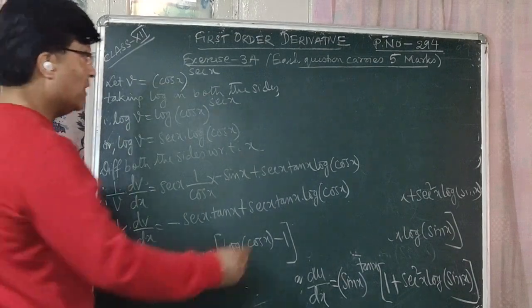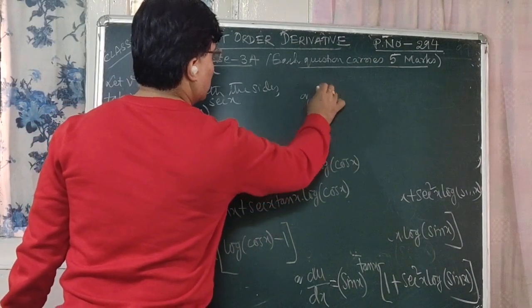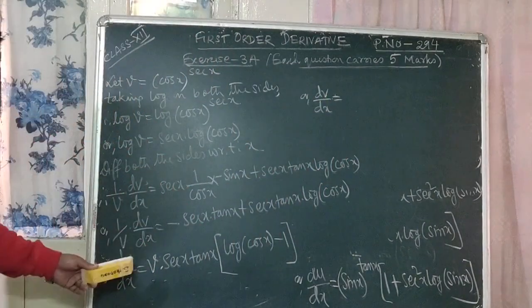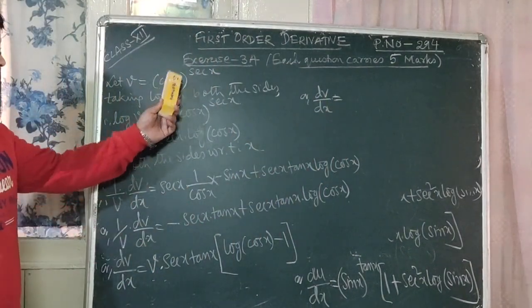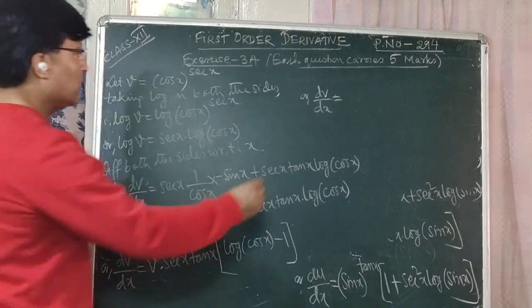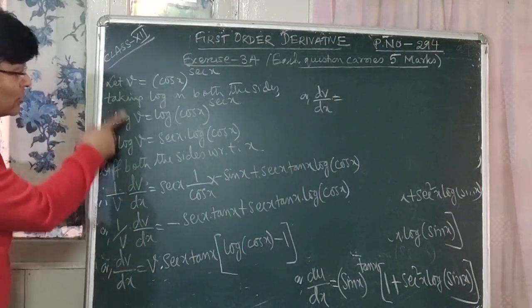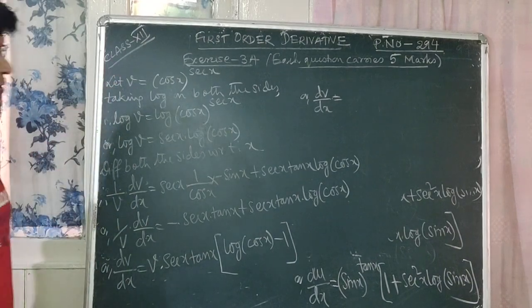Now put the value for v, or dv by dx is equal to, on the right hand side you can put the value for v. What was the value for v? (cos x) whole to the power sec x, right?